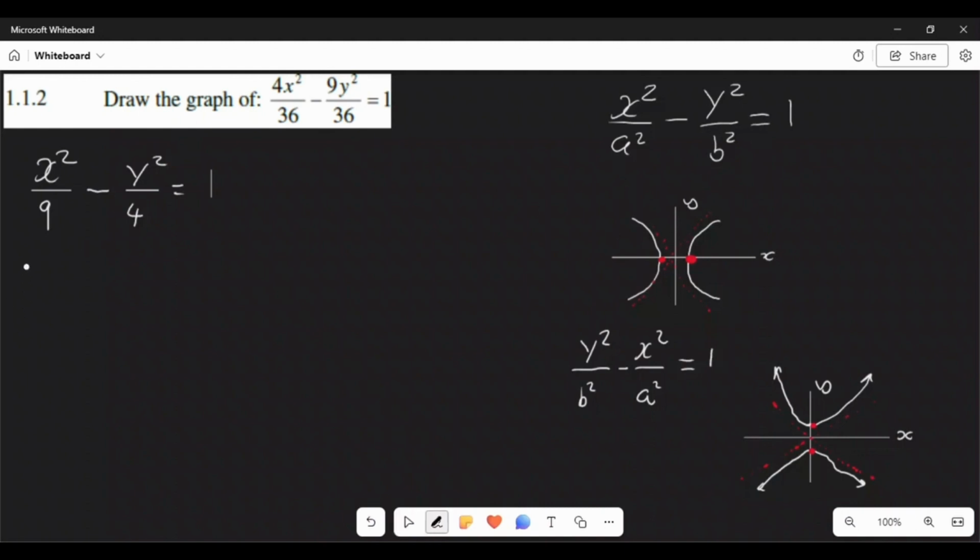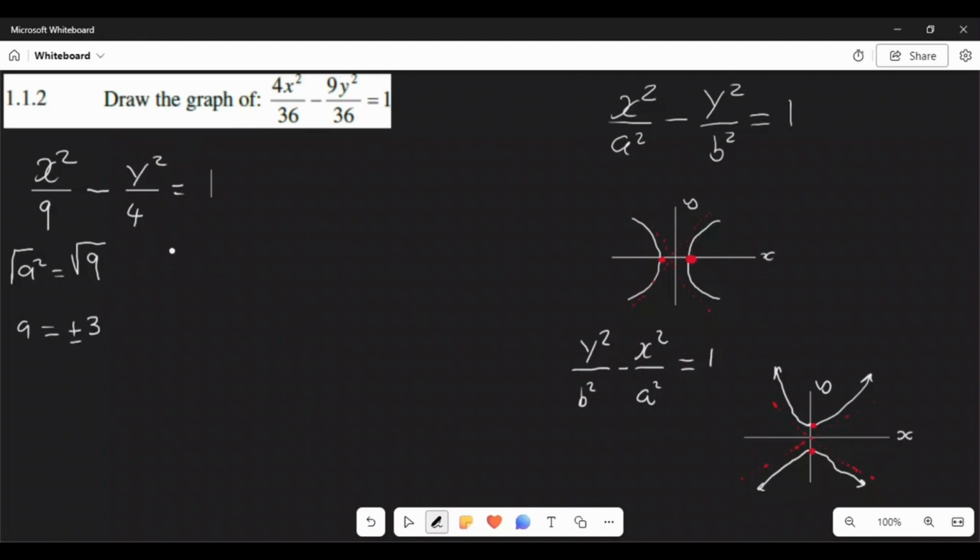So meaning here, our a squared is equal to 9. Now if you're looking for a, we have to square root both a squared and 9. So the answer is going to be plus or minus 3. Right. So let's look for b.